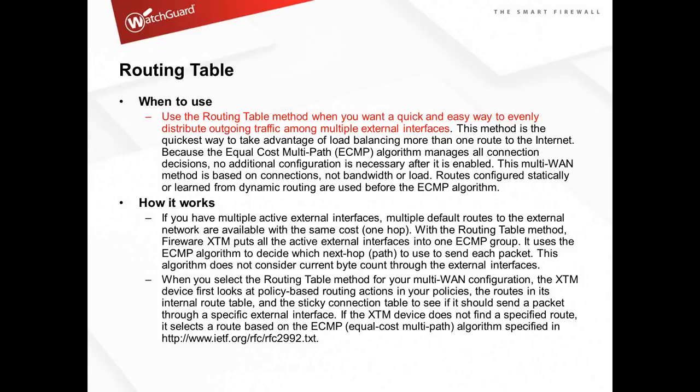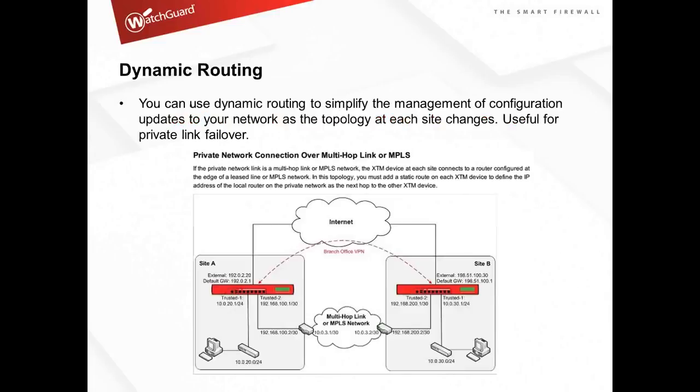But a routing table essentially allows you to create a policy and then specify how you want that policy to distribute the traffic, or what interface you want the traffic to go out. So we'll talk about that, and ultimately that's policy-based routing that you can use as well.